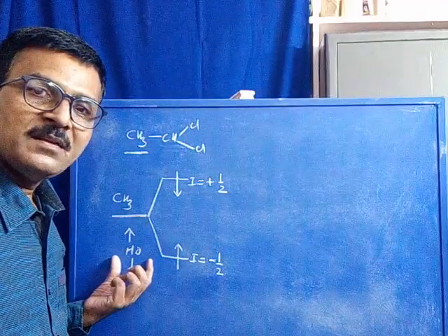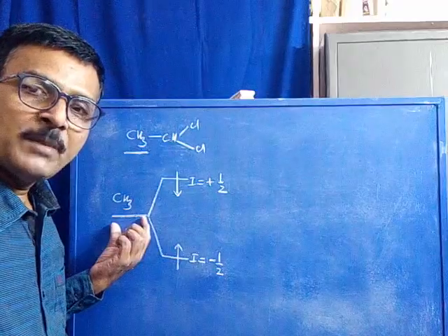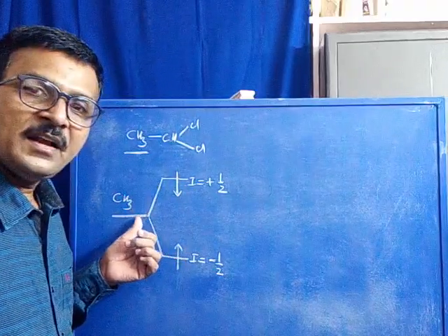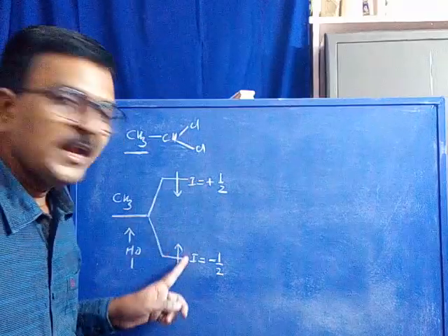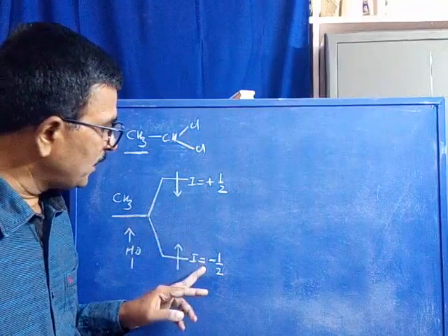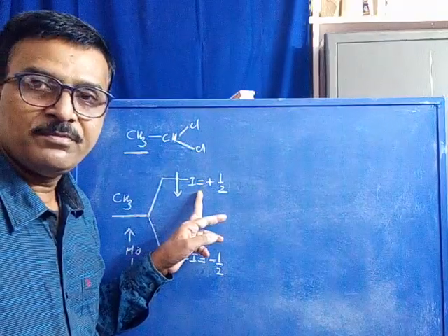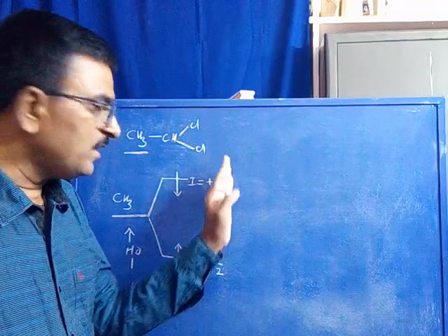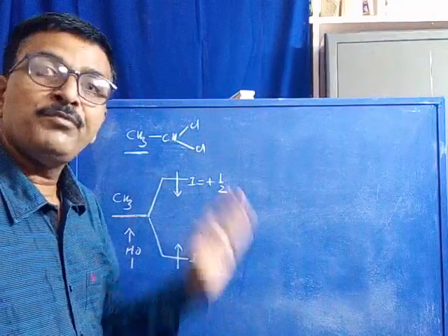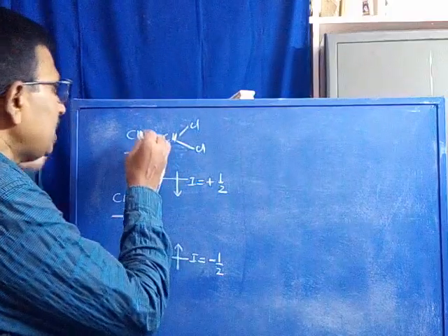When we apply an external magnetic field, according to the 2I plus 1 rule, which we learned in the principle, its degenerate energy state is split into two energy levels: lower with I value minus half, higher with I value plus half. Is it clear? So this is the condition before coupling. There is no coupling.